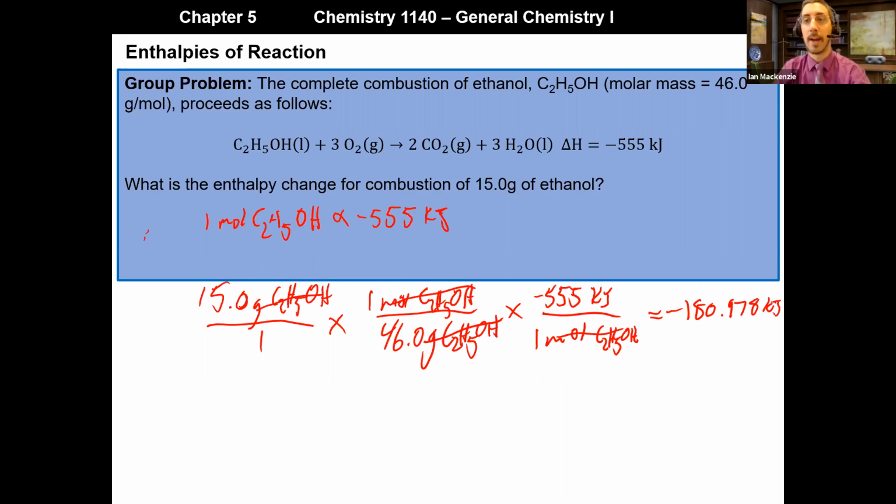And then I just have to go back and keep track of my number of significant figures. I should only have 3 significant figures. So I'm going to have to round this to negative 181 kilojoules. That is then the amount of heat or enthalpy that is given off during this combustion reaction.